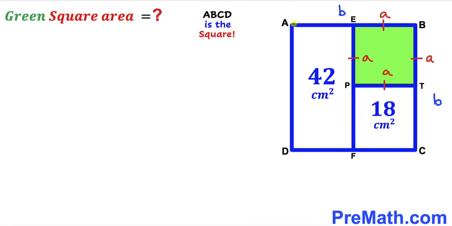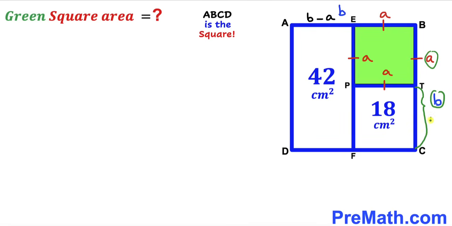And now let's make an observation. We can see that this remaining segment AE length is going to be b minus a. So I can write this one as b minus a. And likewise on this side, this segment CT is going to be b minus a.